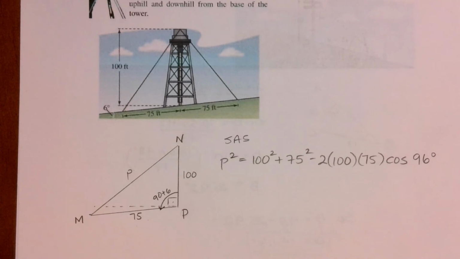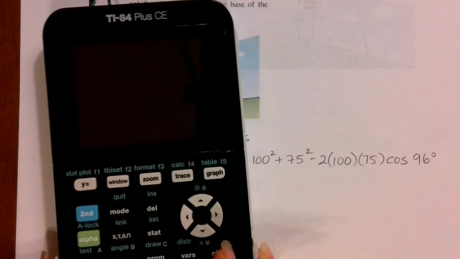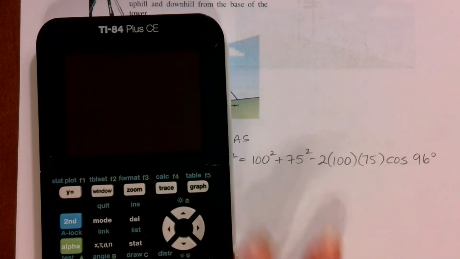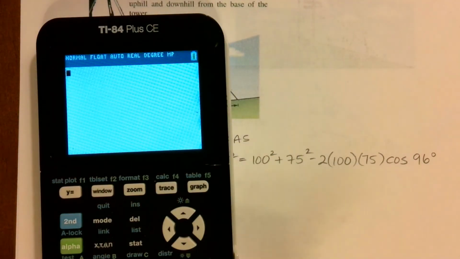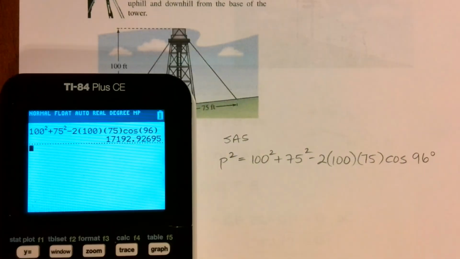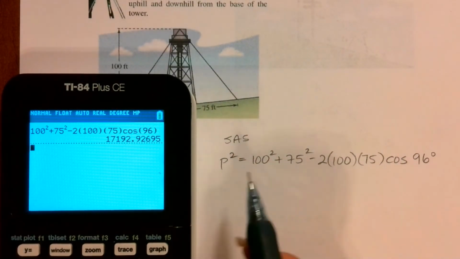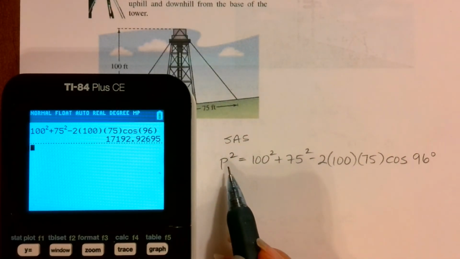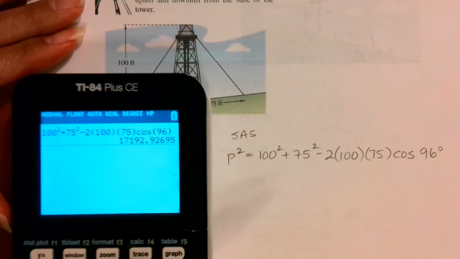And so if we type that all into our calculator, so let's come over here and turn our calculator back on. 100 squared plus 75 squared minus 2 times 100 times 75 cosine of 96. We're going to get this number, but we've got to remember that that number represents p squared. So I need to square root it.